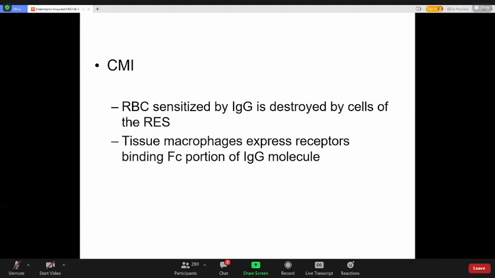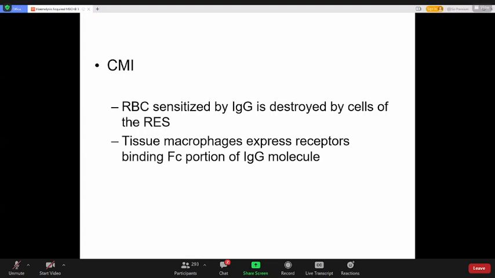This is just what I've talked about. You get sensitization of RBCs by immunoglobulins, usually of IgG type, and these are phagocytosed by reticuloendothelial cells, which are mainly the tissue macrophages.